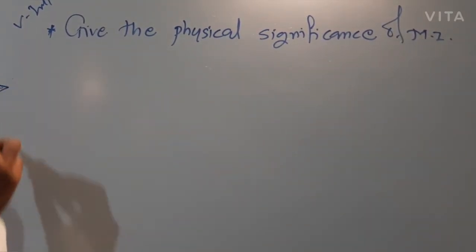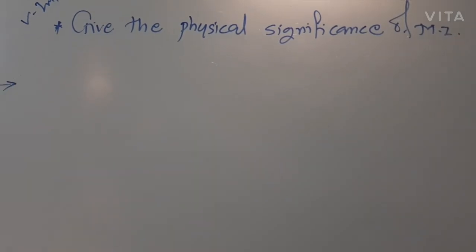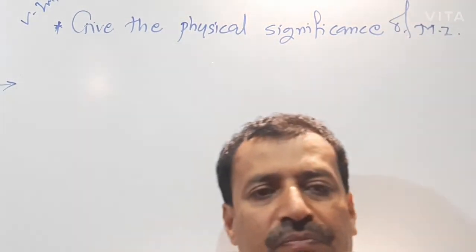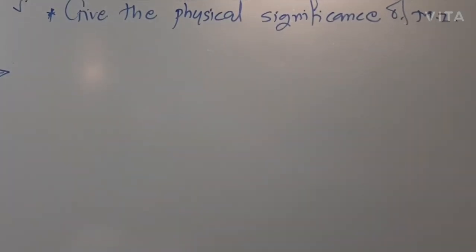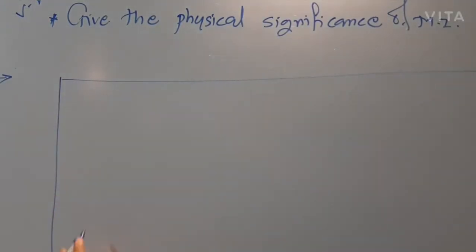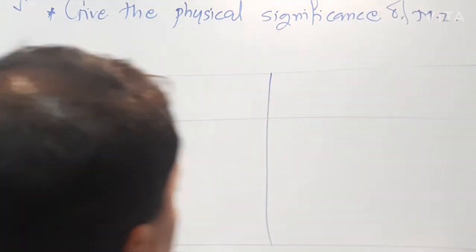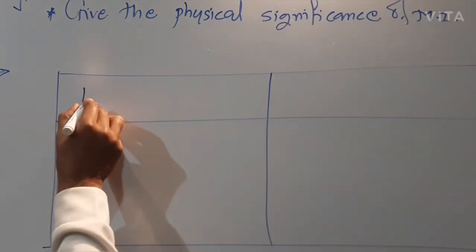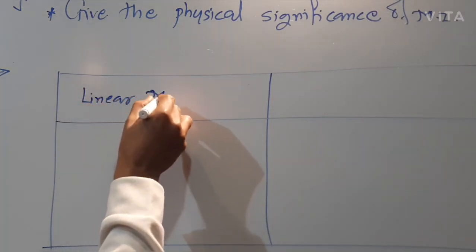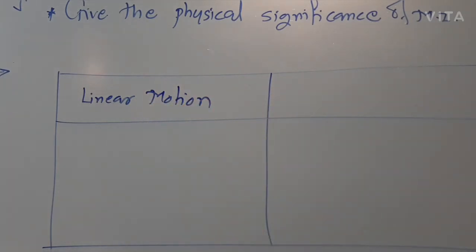Now, in order to understand the meaning of the quantity moment of inertia, let us consider the physical quantities in linear motion and in rotational motion. So draw this table having two columns. The first is for linear motion and the second column is for rotational motion.